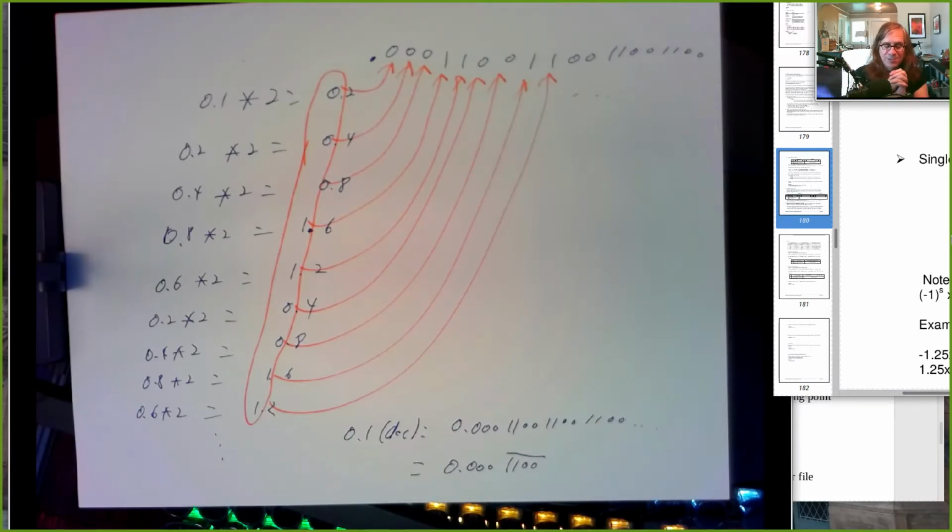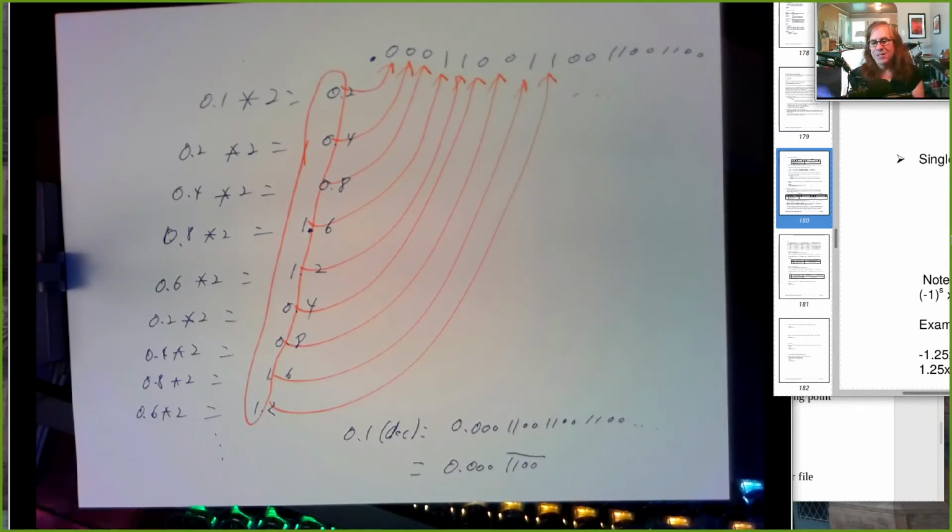But for example, in decimal, the fraction 1/3 can't be written exactly. It's a repeating decimal, 0.33333333, right? In base 3, it would just be 0.1. That would be 3 to the minus 1.